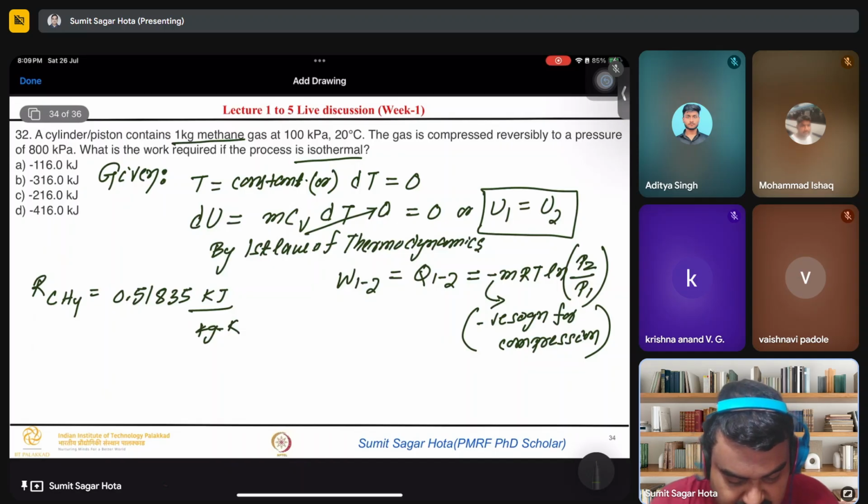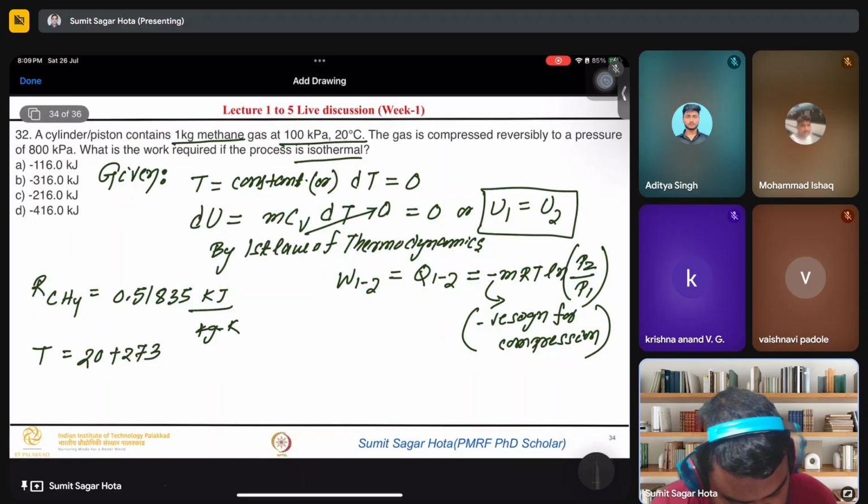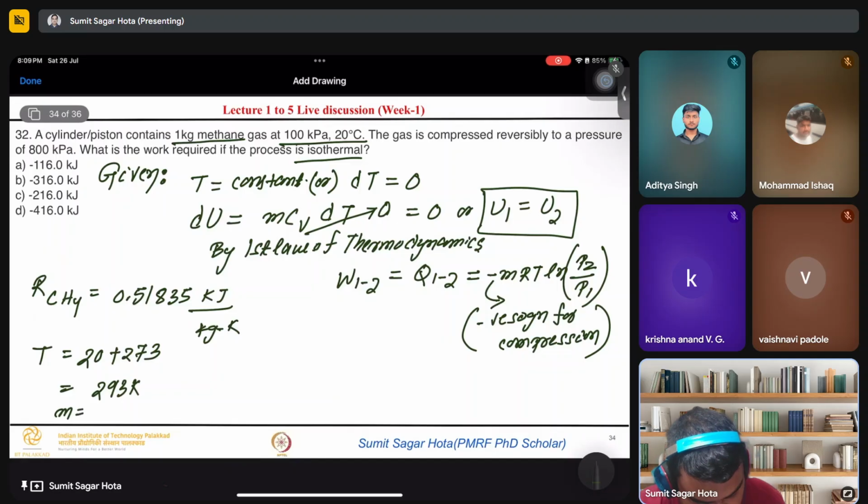All these values you should remember. Here, always convert everything into Kelvin. So 20 degrees Celsius and 100 kilopascal given. So 20 plus 273 is your 293 Kelvin. Mass given.